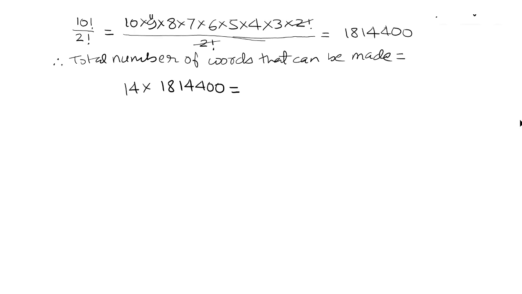Therefore the total number of words that can be made equals 14 multiplied by 1814400. Here we have to multiply by 14 because P and S can be arranged in 14 ways, which we have already calculated earlier.